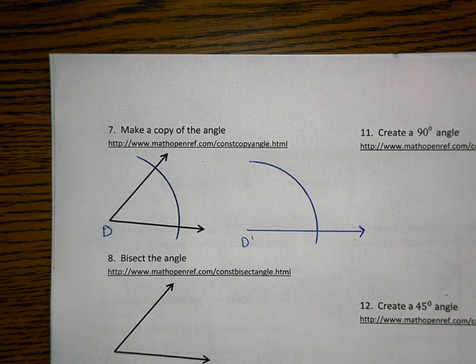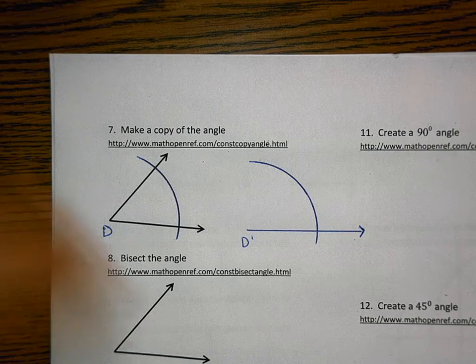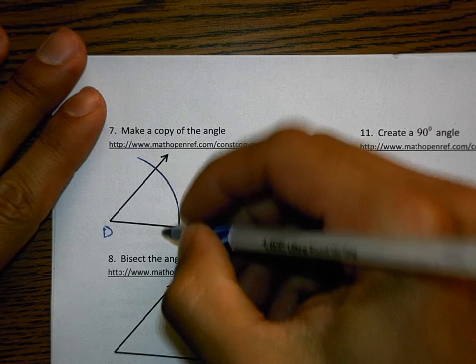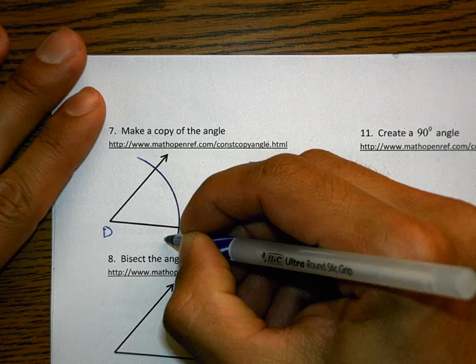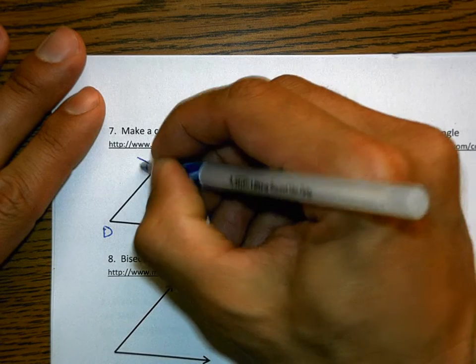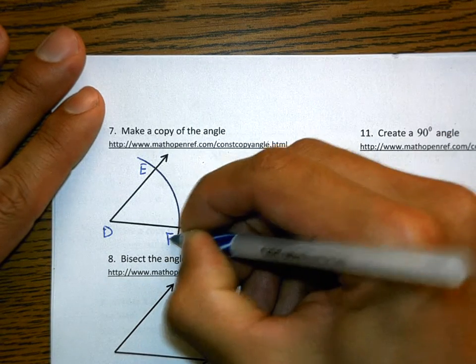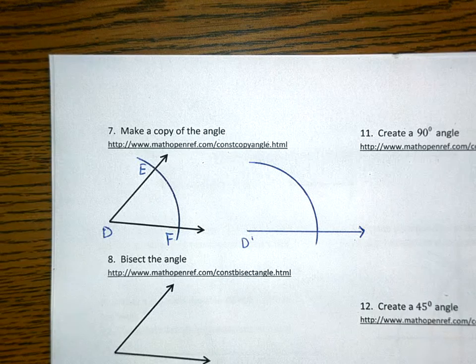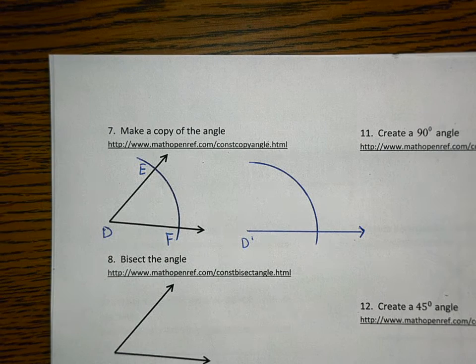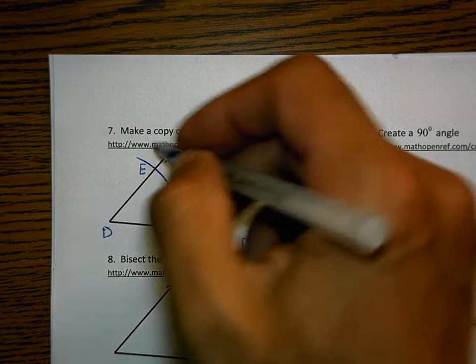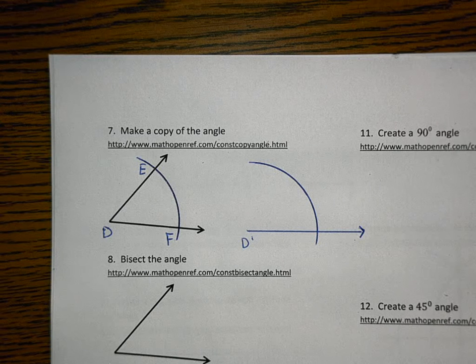Now I need to label some points over here. Let's call this point here E and F. There's an intersection from this arc and this angle, and one of them I'm going to call E, the other one I'm going to call F. So do you know where F prime is?